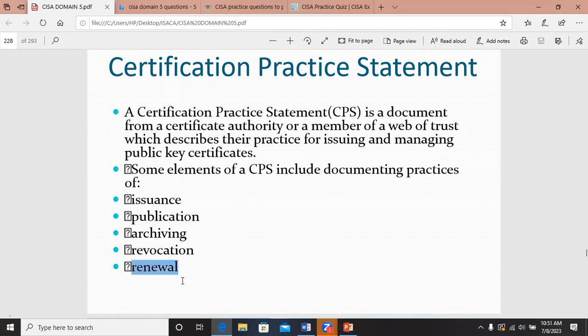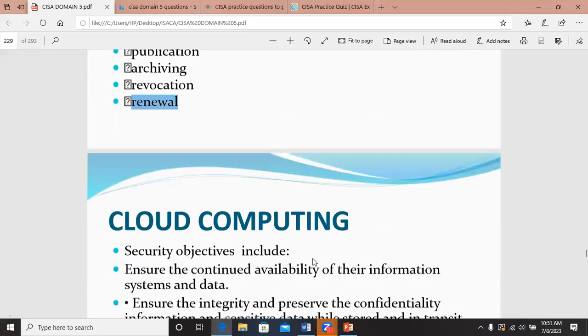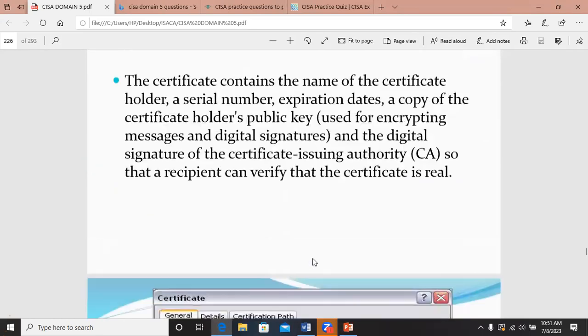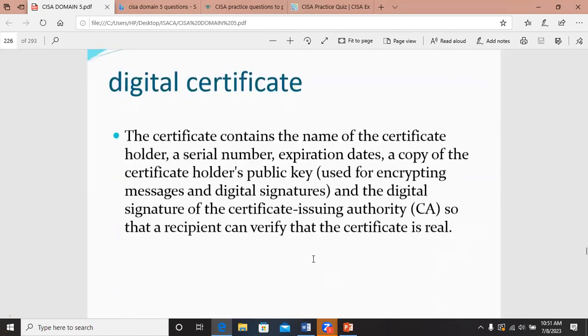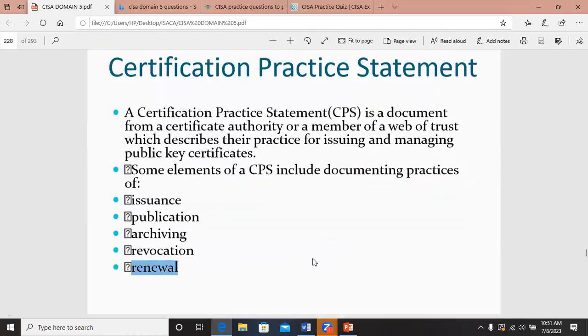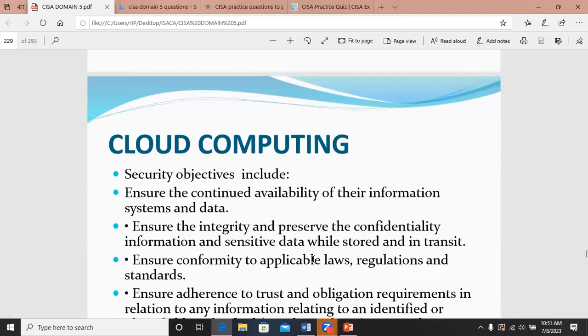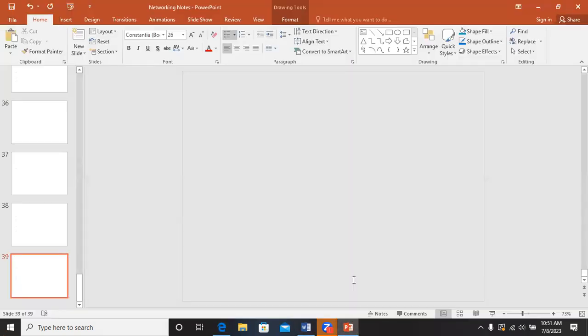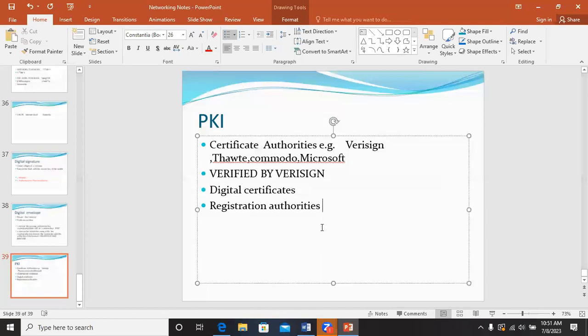You're supposed to renew at the expiry of the validity of the certificate. So that's that about key, what is it called now? Public key infrastructure. It's basically the system that has been put in place to improve the confidence that people have when we go online to shop.